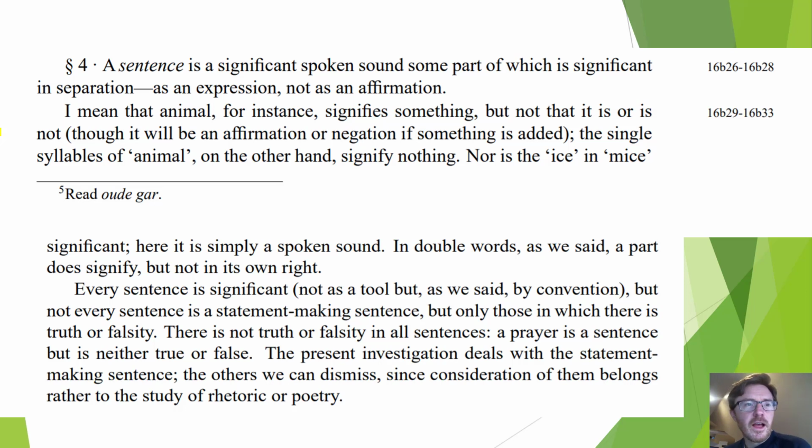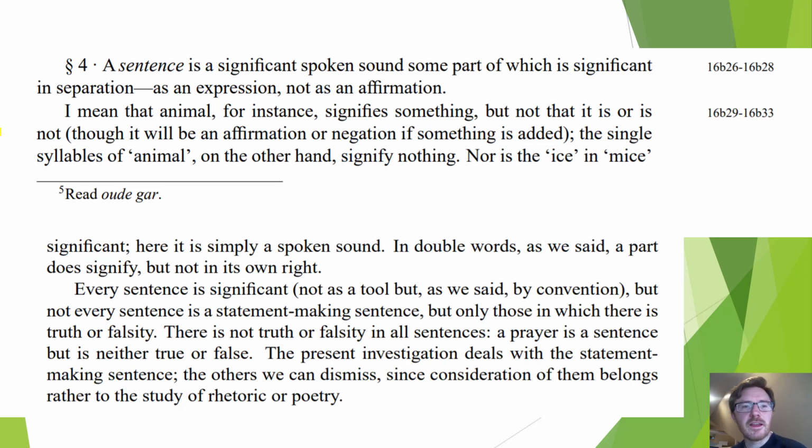So another section here. This is section 4. "A sentence is a significant spoken sound, some part of which is significant in separation, as an expression, not as an affirmation." So a sentence is a significant spoken sound. Significant means it has some sort of meaning. It indicates something.